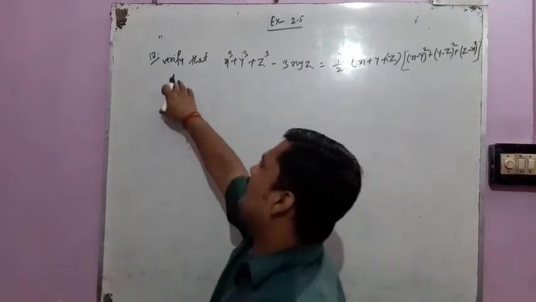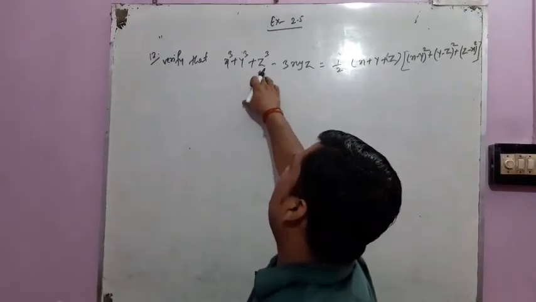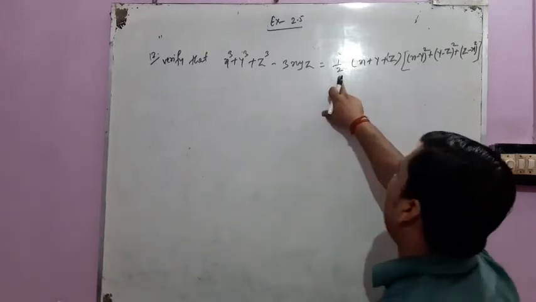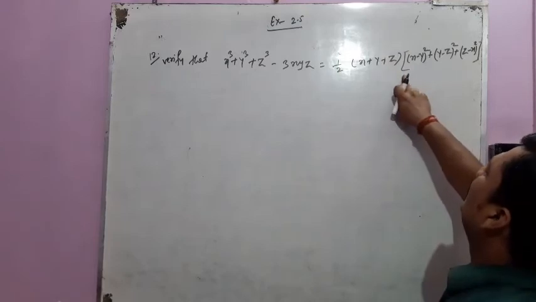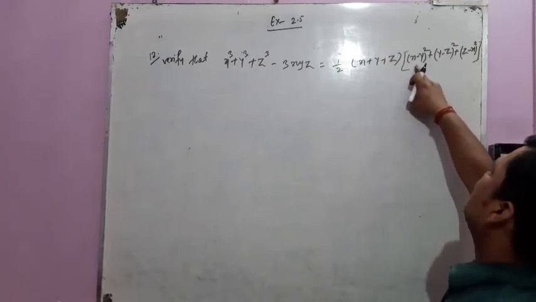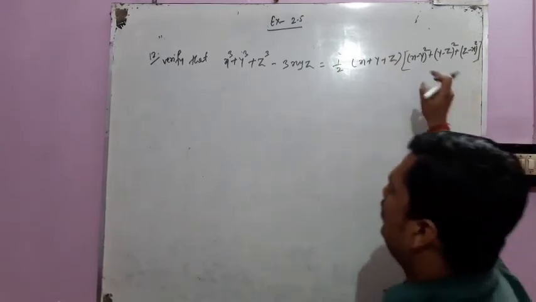In question number 12, students, it is given: verify that x cube plus y cube plus z cube minus 3xyz is equal to 1 by 2 into x plus y plus z under big bracket (x minus y) whole square, (y minus z) whole square, and (z minus x) whole square.